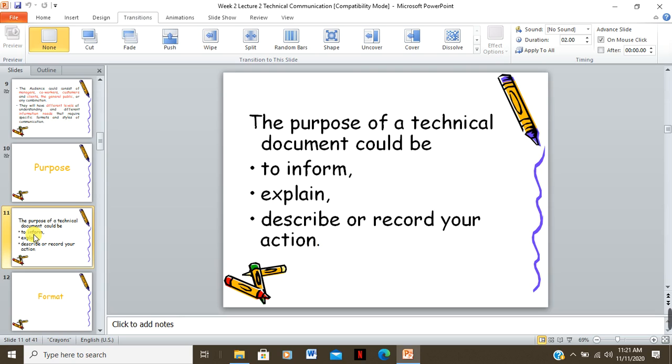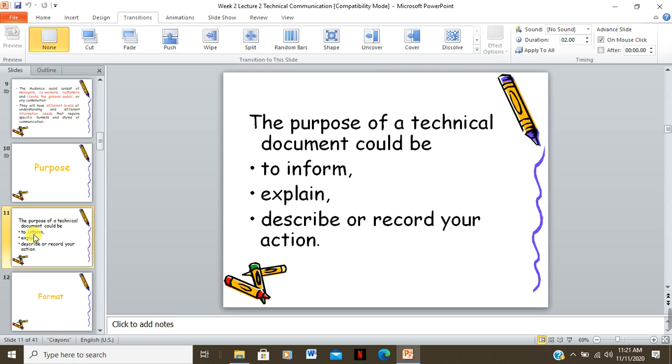And sometimes, if this letter is going to be at a horizontal level, from one department to another department of the same organization, the letter or the information that is going to be given to that other department will be explanatory as well. It will be informing as well as explaining.